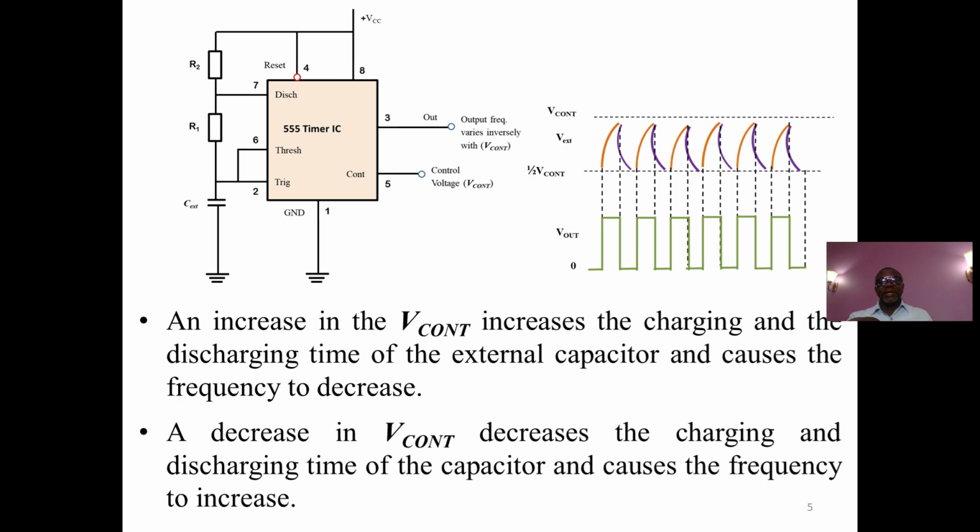So you see the orange side of the signal on the right hand side. Now, as the orange signal goes up from half V control to V control, the rising edge of the signal remains constant until it gets to the point where it starts to decrease.